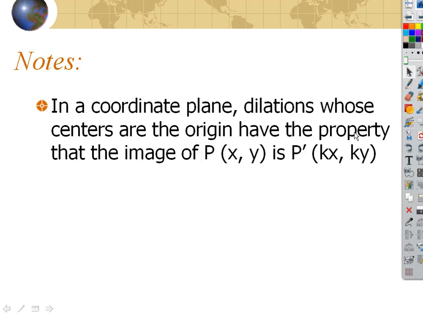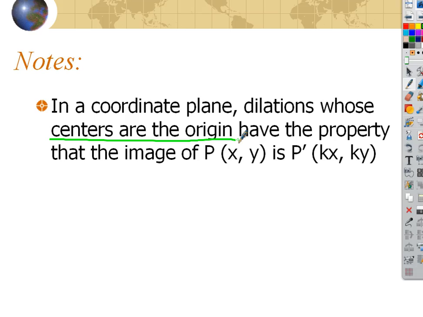Okay, last part. The last issue that comes up with dilations is if you're in a coordinate plane, so we're putting this in the XY plane, then that's a convenient way to look at dilations. The most convenient way to do that is if we let the center be at the origin, right at the point 0, 0. If we do that, then whether it's a reduction or an enlargement, it doesn't matter.